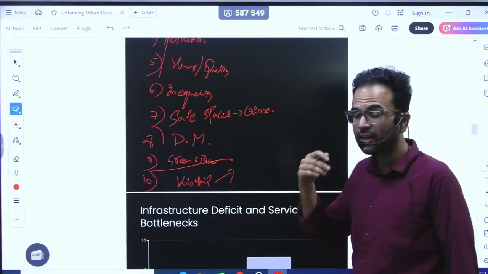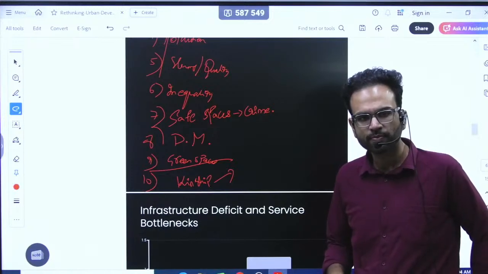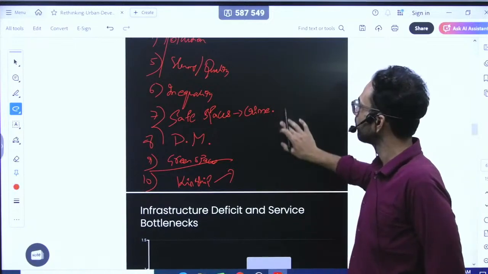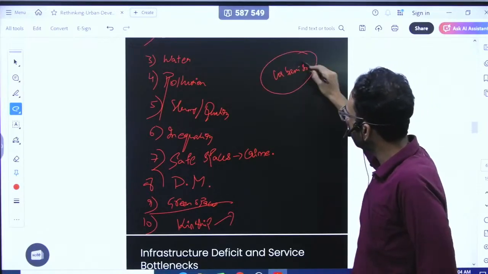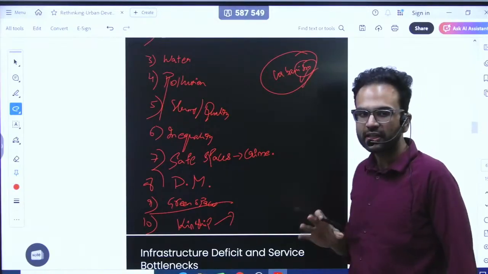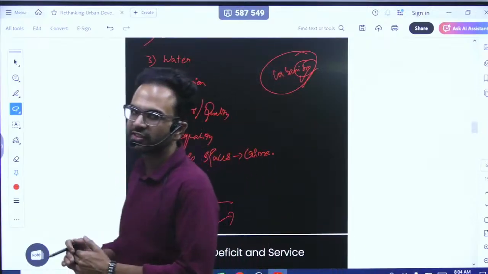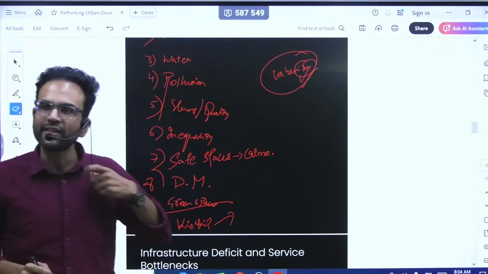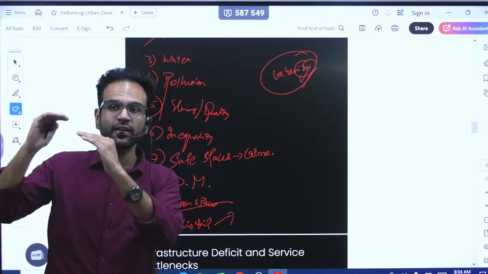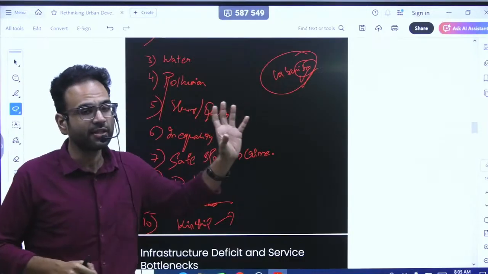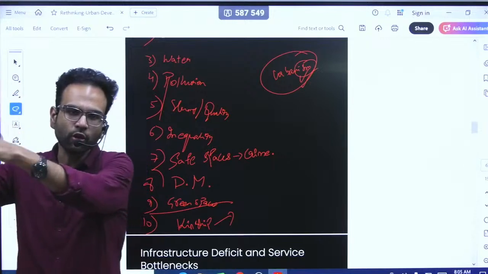Urbanism. What is the difference between urbanism and urbanization? Urbanism refers to a description of how you want your urban cities to be like, or it's a description, it's a normative thing and a descriptive thing, both. Now when I say normative, what does it mean? You are trying to tell how a city should look like. So when you have an urbanism theory, you are defining the norms of what an ideal city should look like.